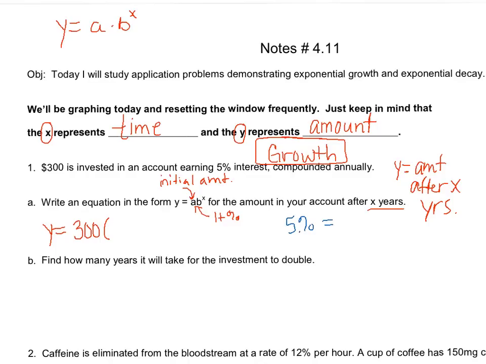The decimal right now is at the end of 5, so if I convert it to a decimal, I've got to move it 2 places back, so it's going to be 0.05. So if I'm doing 1 plus 0.05, that would be 1.05, that's going to go in here. And then I have it raised to the x power. Okay, so this is my equation. Let's go ahead and box that in.